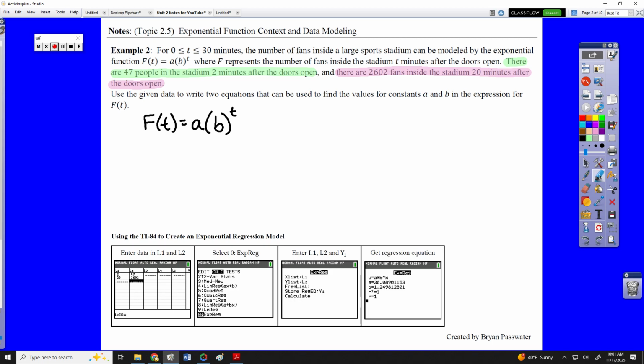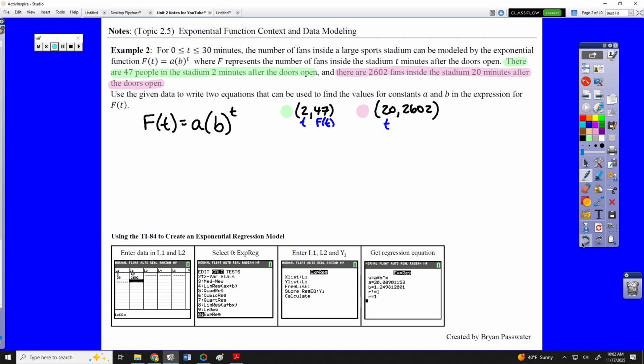Those are two different ordered pairs that would be used to model the situation. We have 2, 47 and 20, 2,602. Now, these are values for t and f of t.